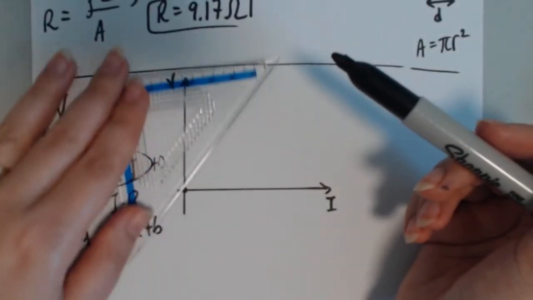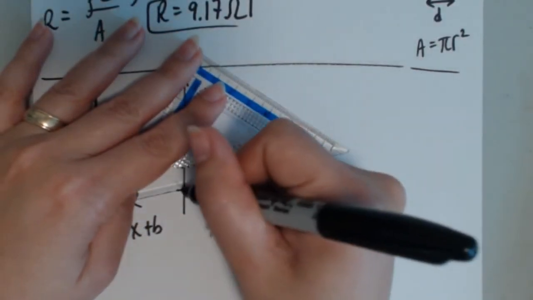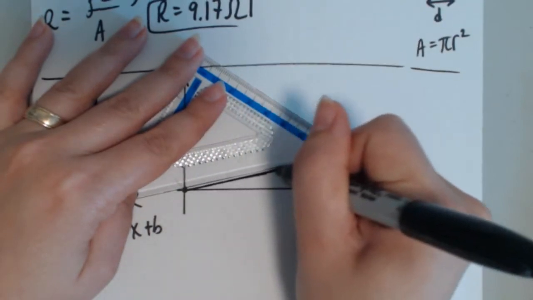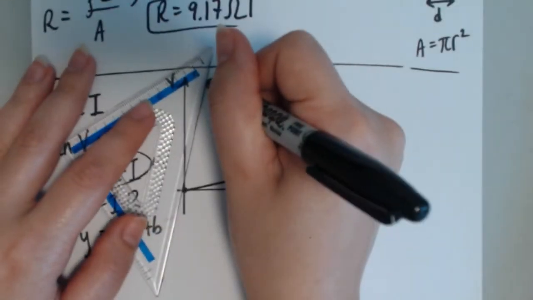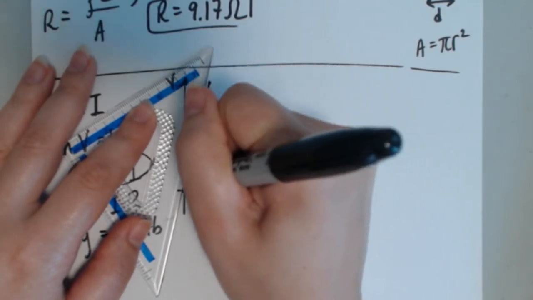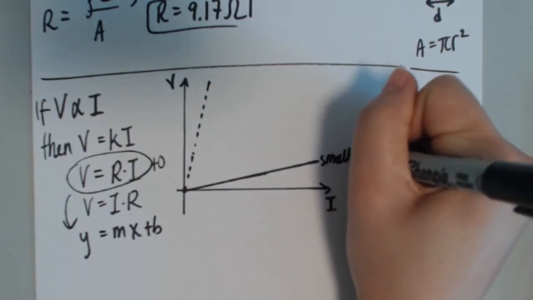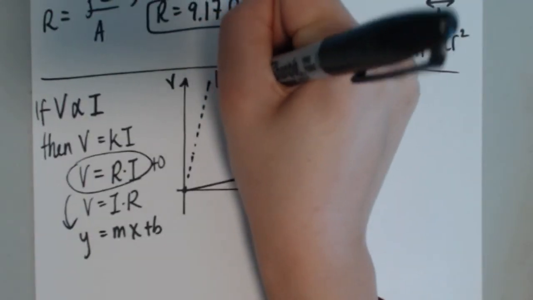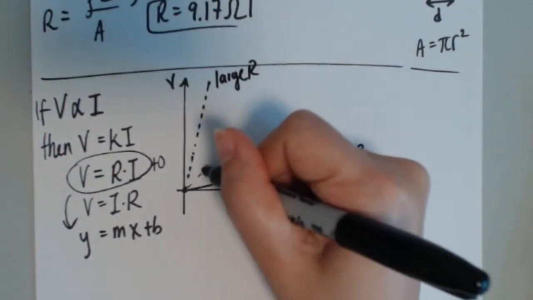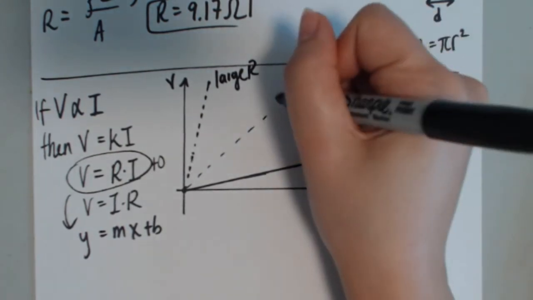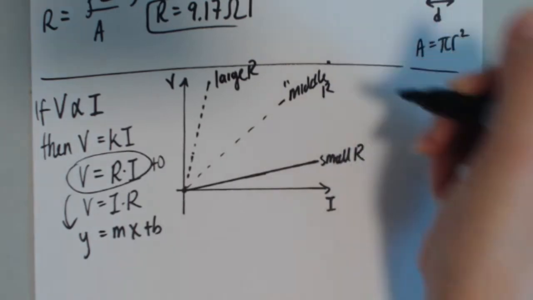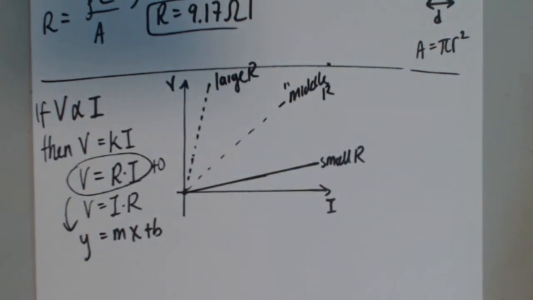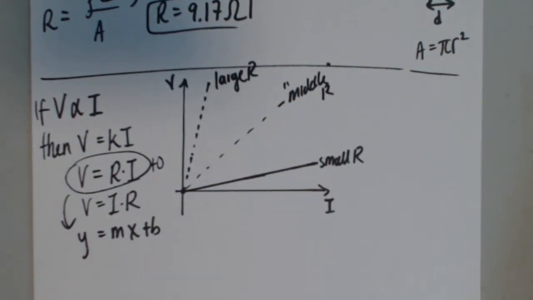It's R. So if I have a small slope, something like this would be a small resistance. If I have a very steep slope, that would be a very large resistance. So small R, large R, and then the Goldilocks R would be something in the middle. Okay, this is a middle R. But what we see is that it has to be a straight line because it follows the y equals mx plus b profile.